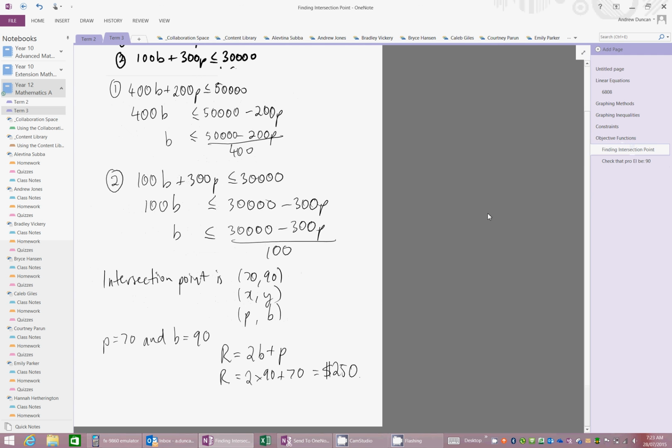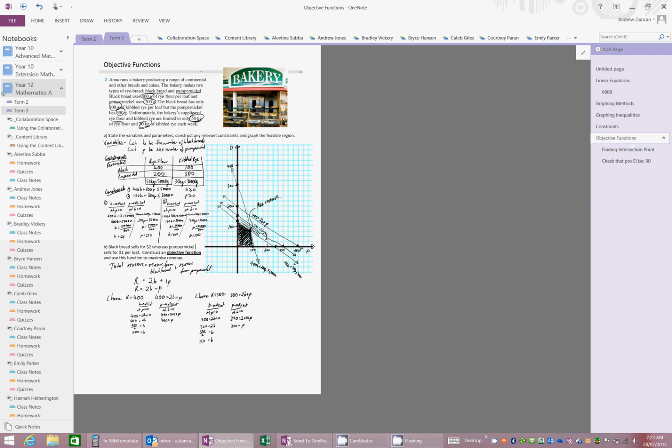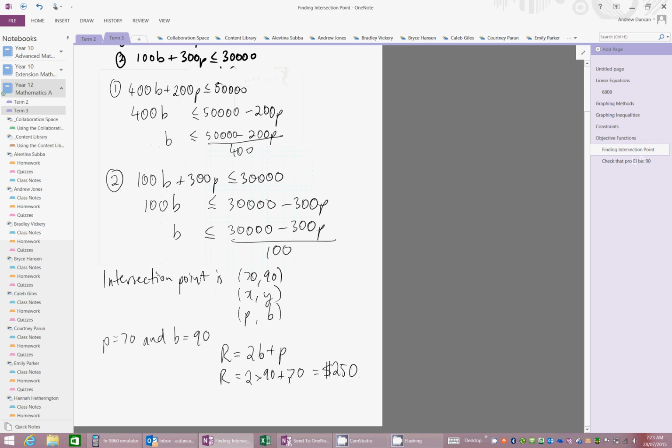So it was right on that corner. Right on that corner we've used all the ingredients, and we'll also be making the maximum revenue of 250.